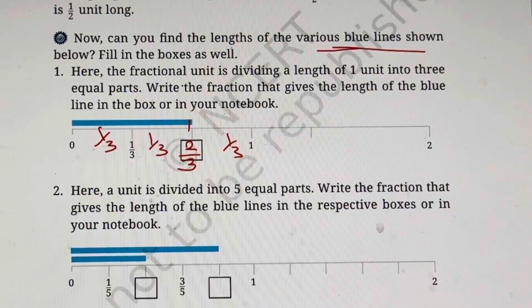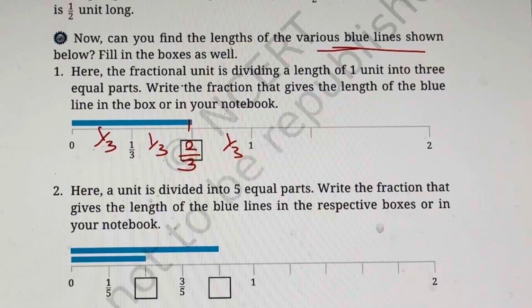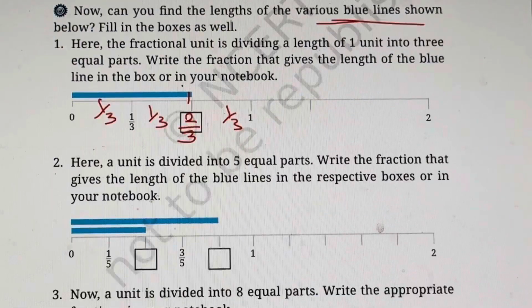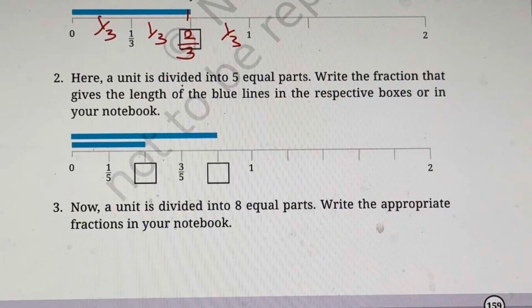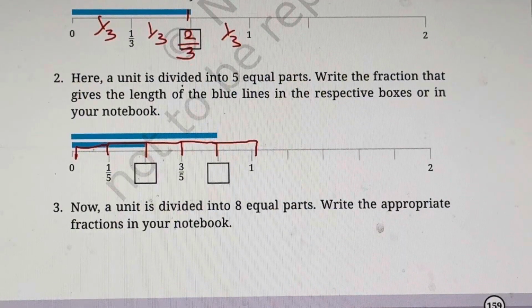Let us see the next number line. Here first always find out the total number of parts 0 and 1 is divided into, right? So if we see between 0 and 1, how many parts are there? So first we can count that 1, 2, 3, 4, 5 parts are there. Therefore the denominator is 5, right?